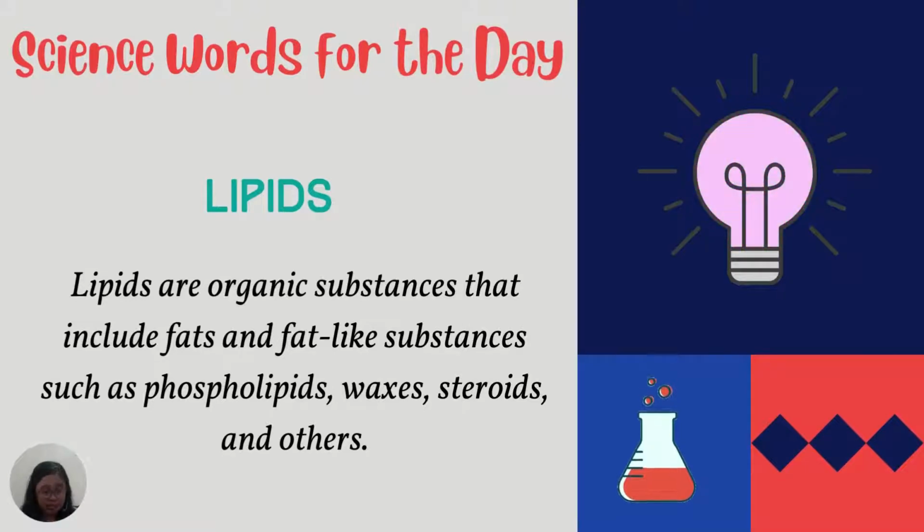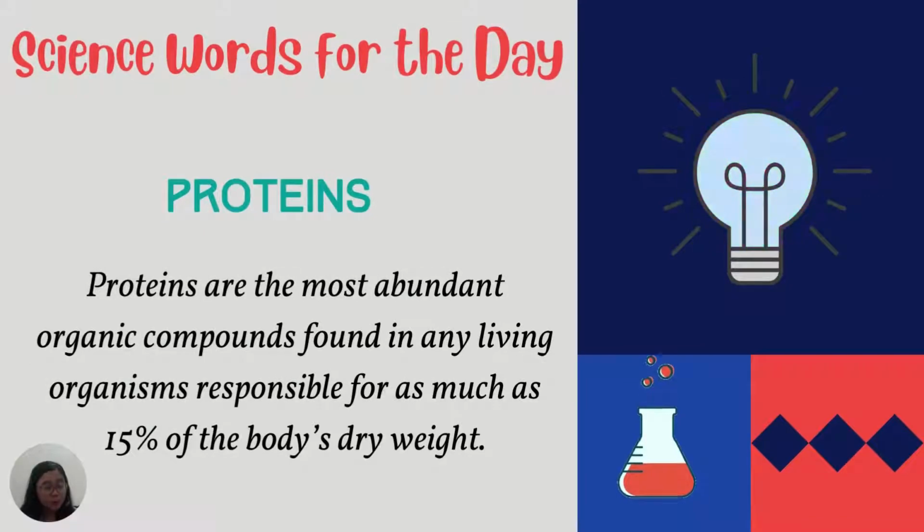Lipids are organic substances that include fat and fat-like substances such as phospholipids, waxes, steroids, and others. Next will be proteins. Proteins are the most abundant organic compounds found in any living things, responsible for as much as 15% of the body's dry weight.